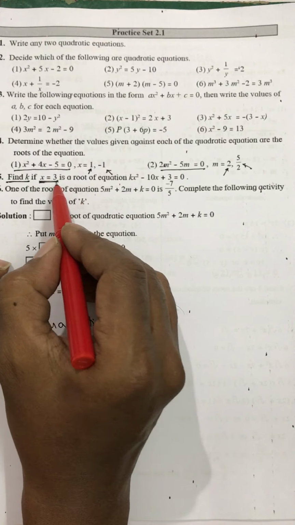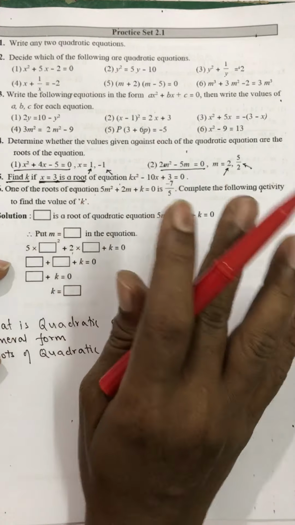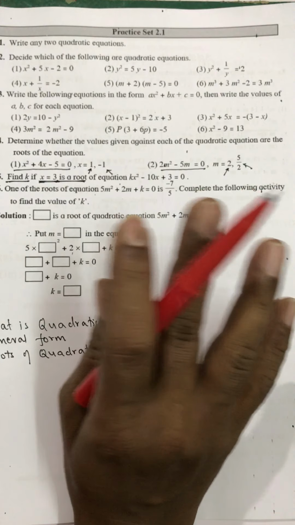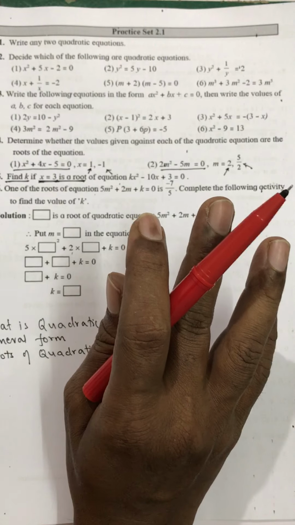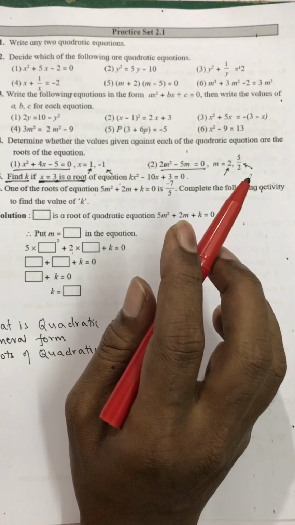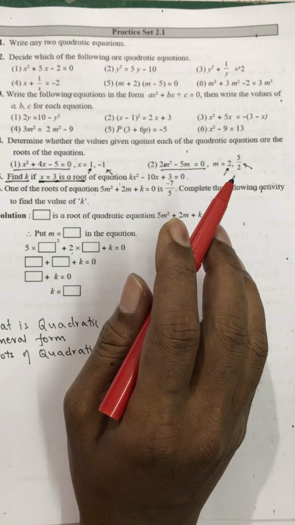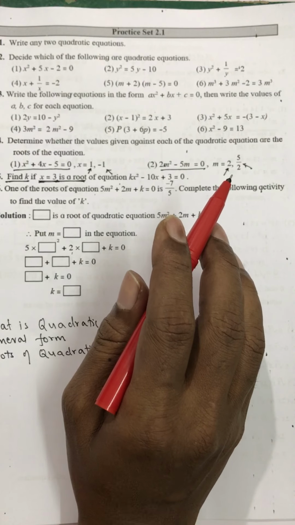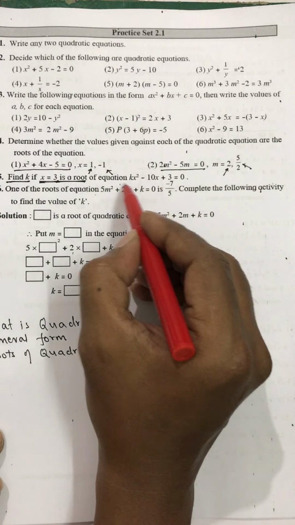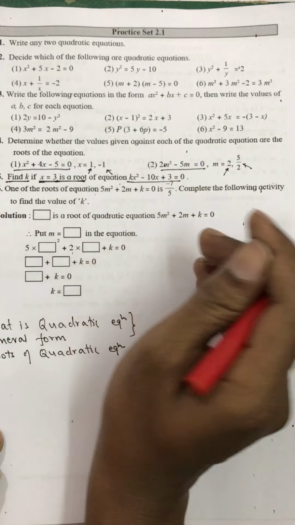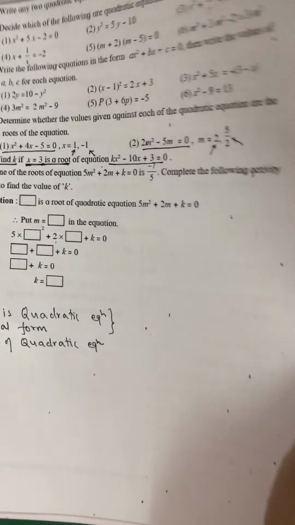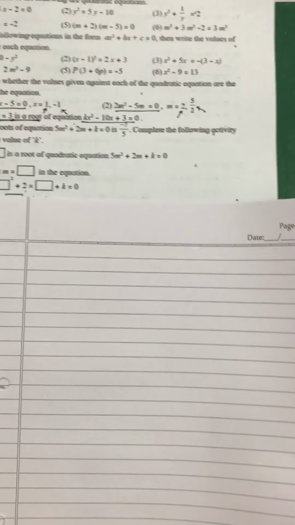There is no doubt about that. Nothing to go and judge, no determination. You just have to use that value of 3 as a root, and then find the value of k of this equation. Kx square minus 10x plus 3 is equal to 0. In both the cases, you have to use the total equation.